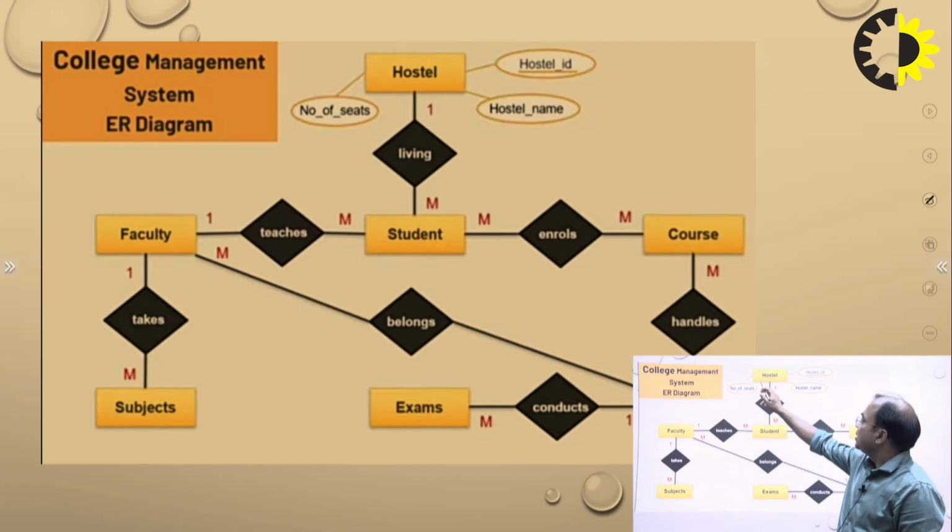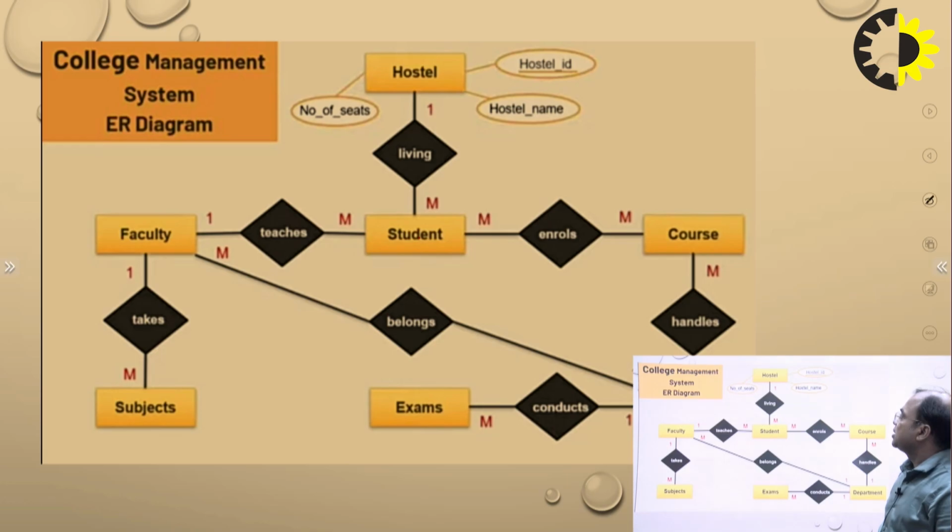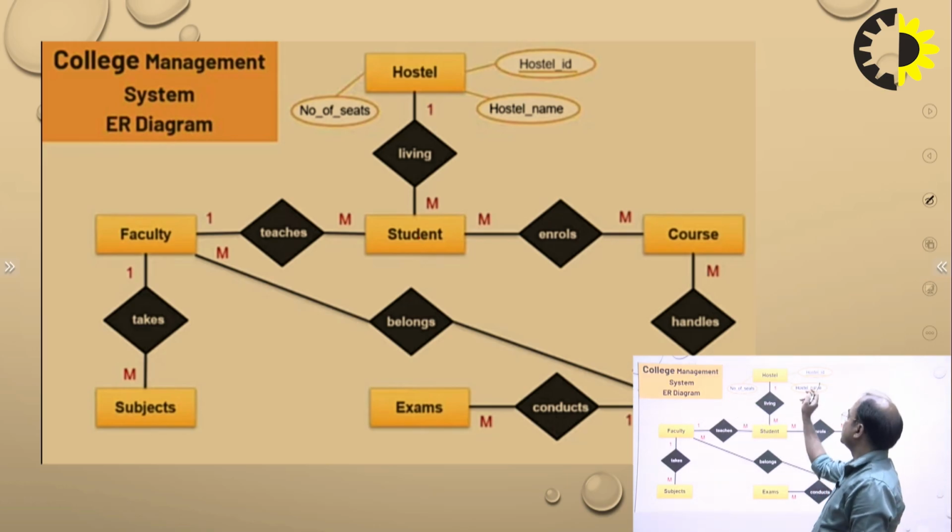Next, there is a hostel. Hostel has some attributes like number of seats, hostel ID, hostel name. So a student lives in a hostel. So this is what we can say: many students living in one hostel, and hostels have a number of attributes also, and these attributes can be written in this oval shape.